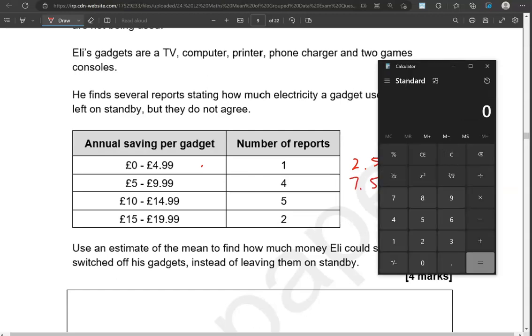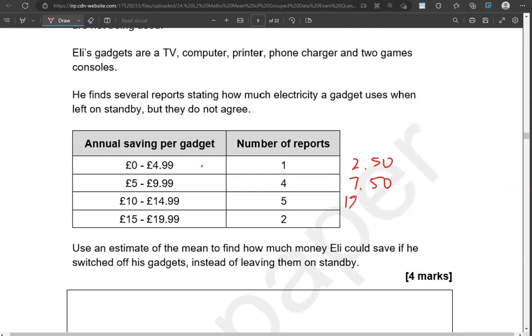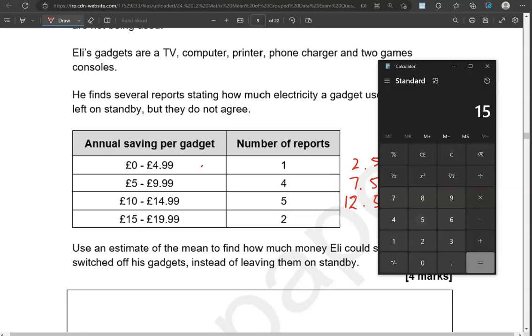Between 10 and 14.99 is £12.50. Between 15 and 19.99, that is £17.50.